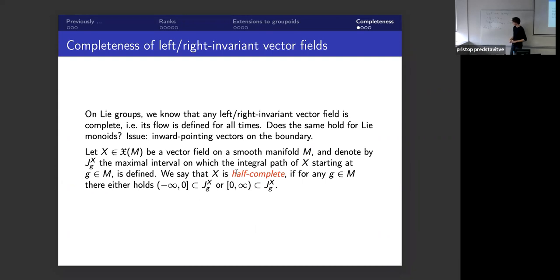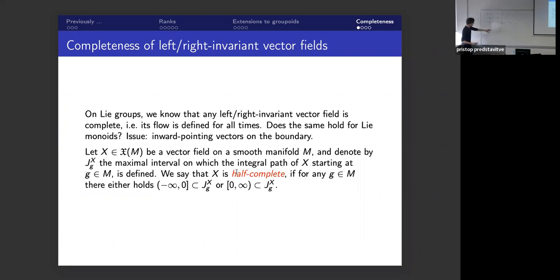Moreover, in order to really say that this holds, you have to impose additionally that X is tangent to target fibers, because L_G, again for the 100th time, is a map between target fibers.